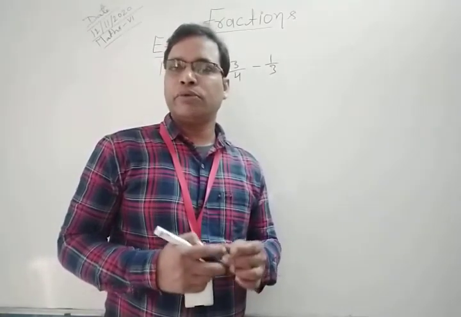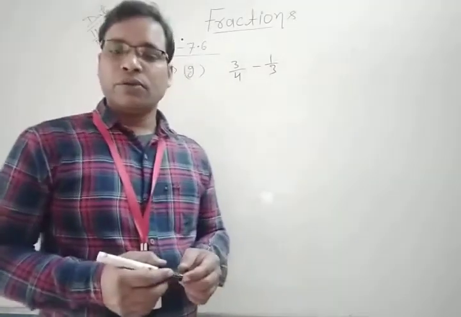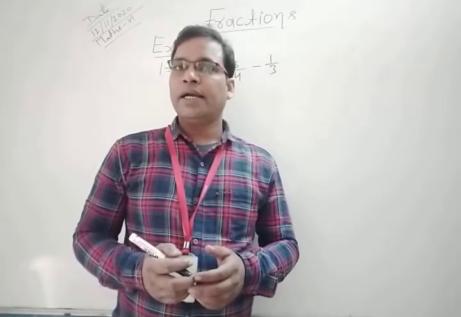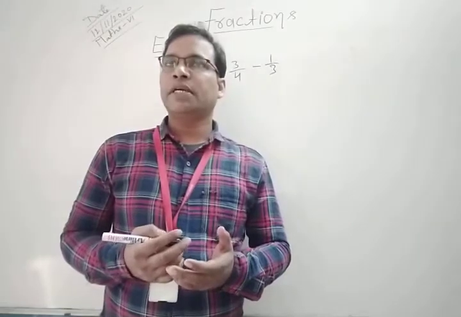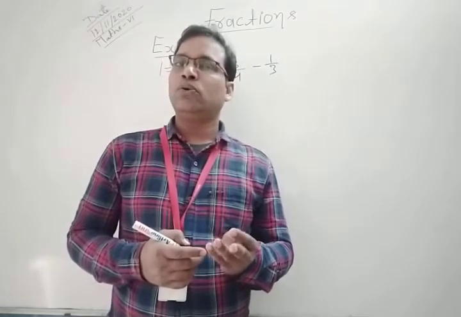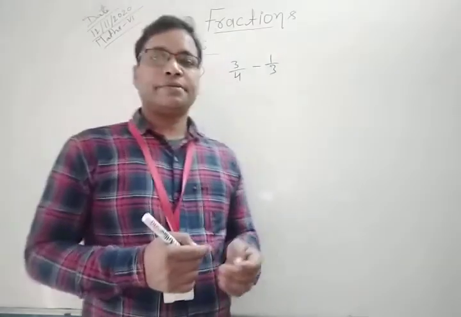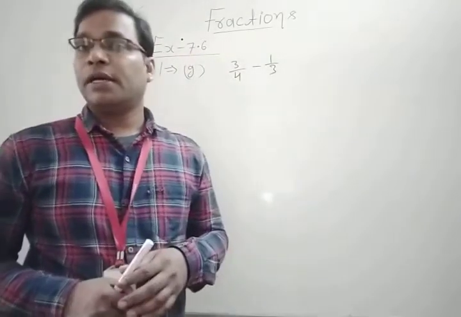A number which has more than 2 factors is called a composite number. For example, 4 has more than 2 factors because the factors of 4 are 1, 2 and 4. And 3 has only 2 factors, so it is called a prime number.